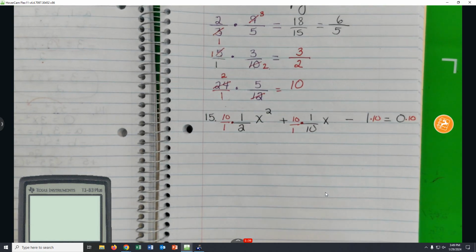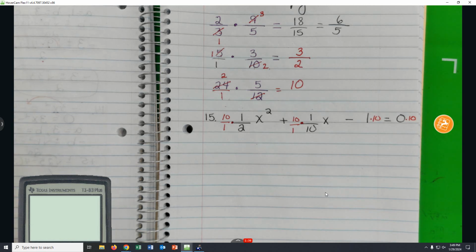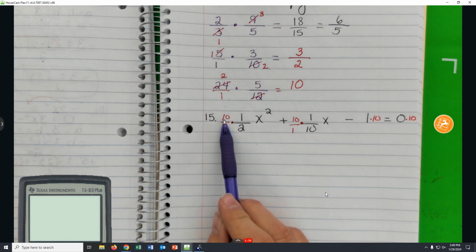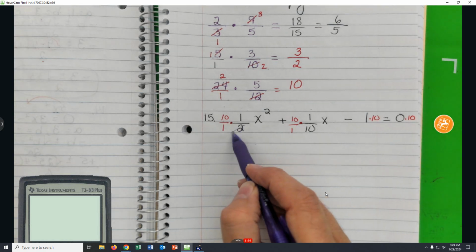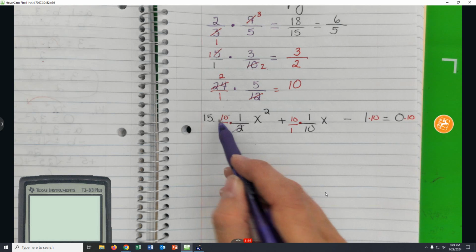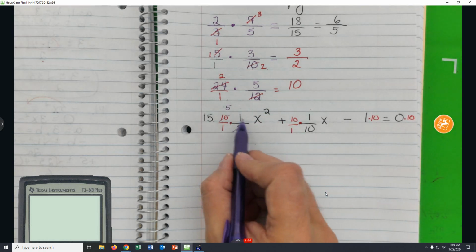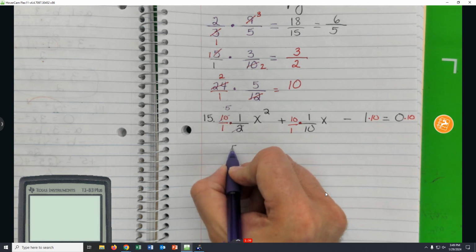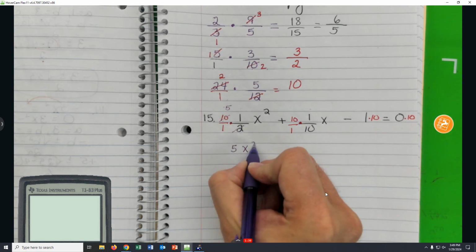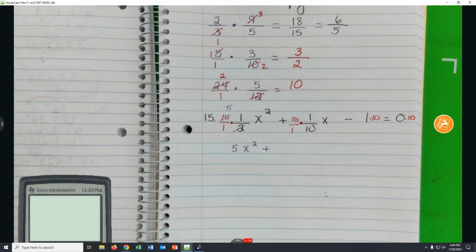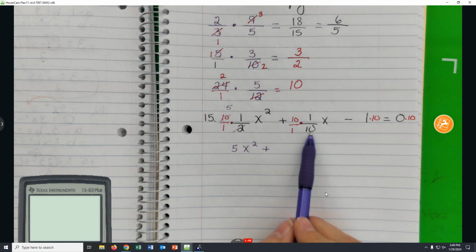If I did that, multiply straight through by 10, do both of my denominators cancel? I think they do. Right here, 2 goes into 10 5 times. So this would all be just a 5 and an x squared plus, right here, would this denominator cancel?